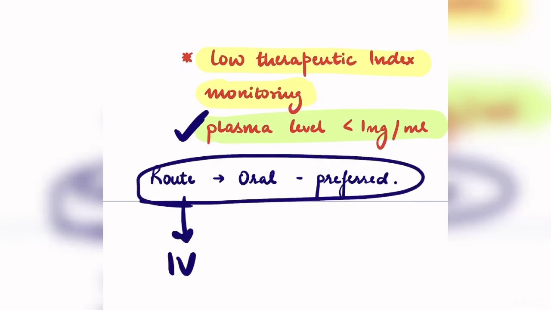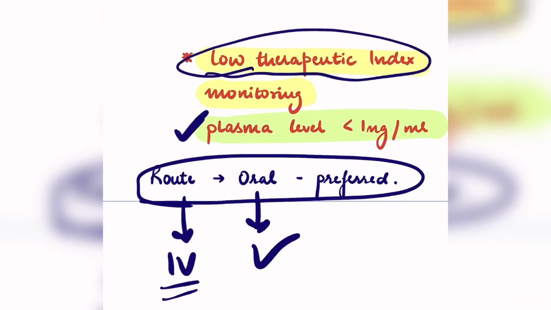We can also give it IV, but I prefer the oral route because it has a low therapeutic index. If I give IV, it's continuously going and affecting the body, but oral, since it goes at timely intervals, I know when the toxicity is happening, I can control it. But in IV, the drug rushes in at a more rapid rate, so it can cause a problem. So we prefer the oral route.